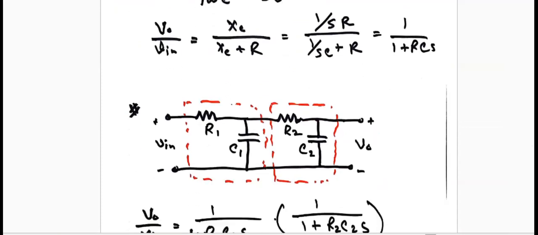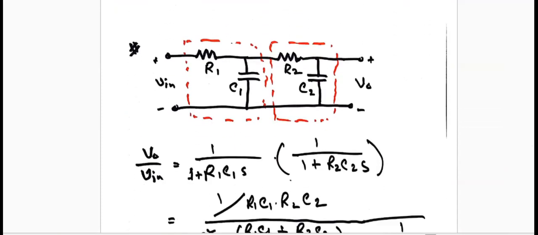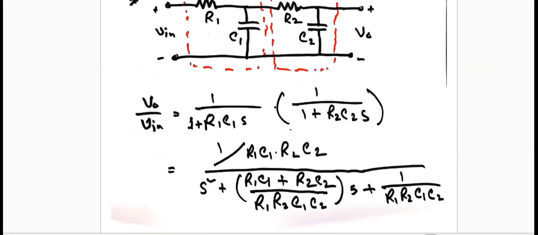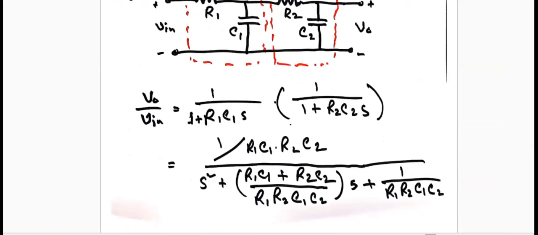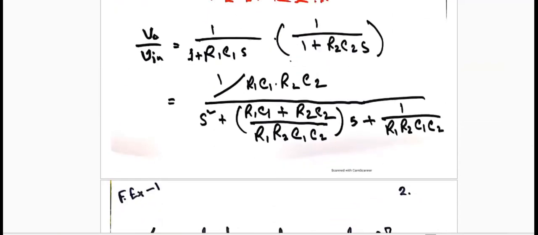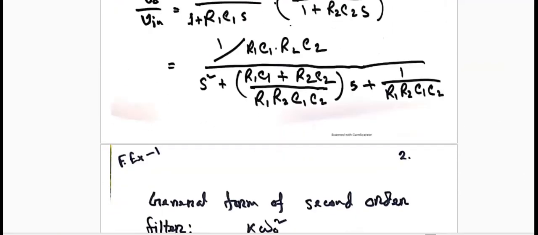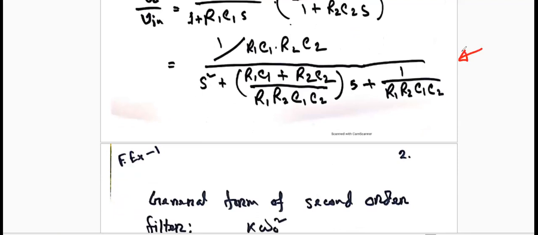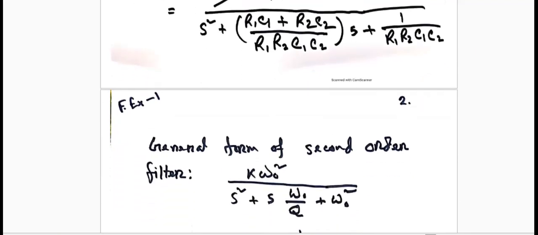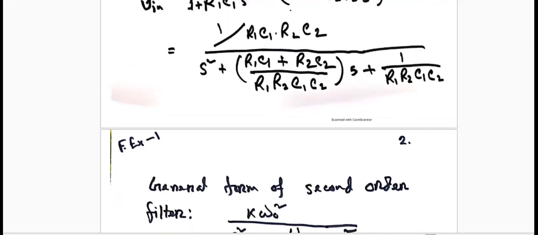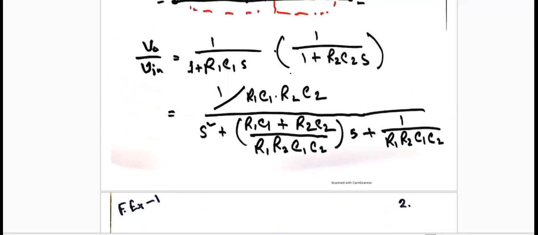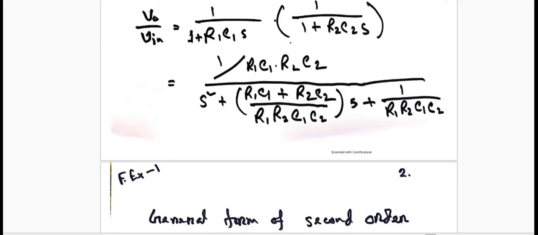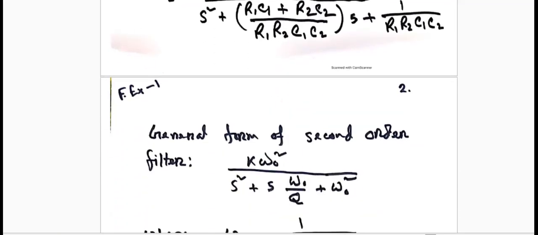For the second order, of course, we can cascade those stages, and if we elaborate the transfer function, at the end we get this transfer function. This is the transfer function for a conventional RLC circuit. It looks a little bit clumsy, but you can go through this and you'll find it very simple.